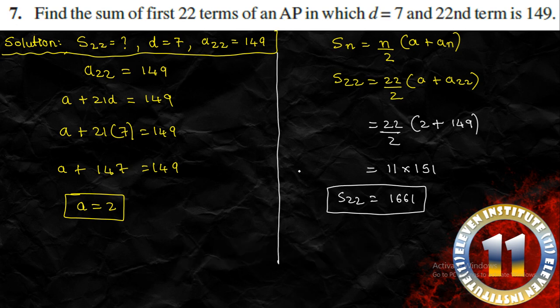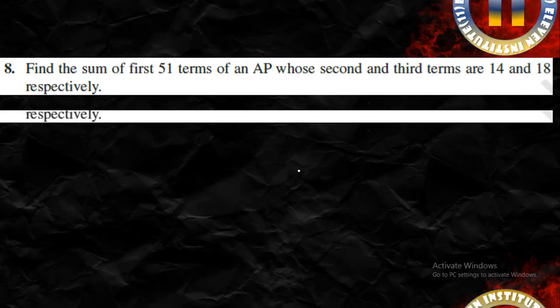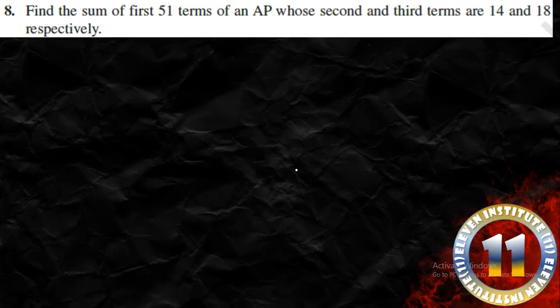Right, let us now move to sum number 8. Find the sum of first 51 terms of an AP. Let us first write this much over here.